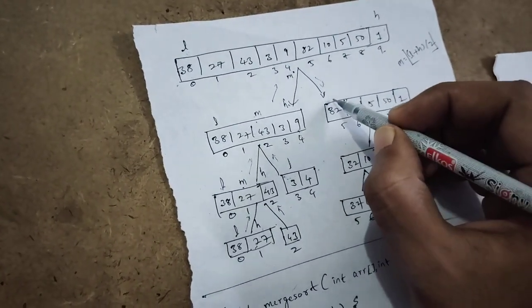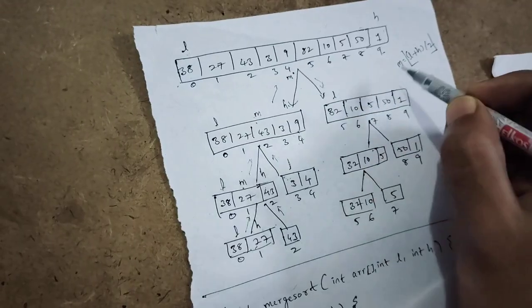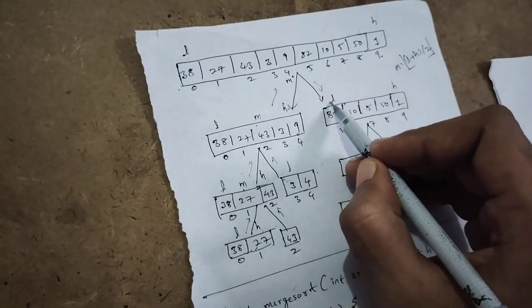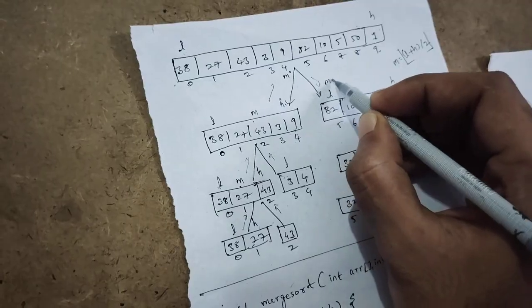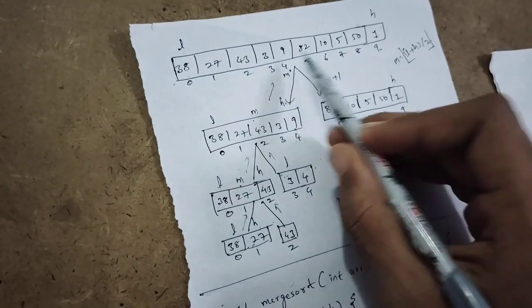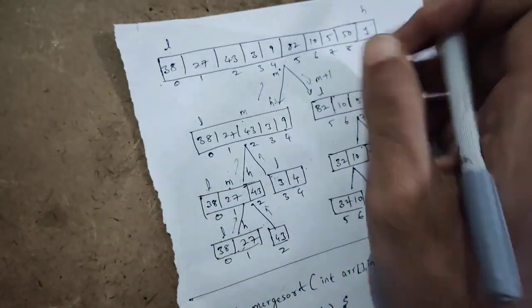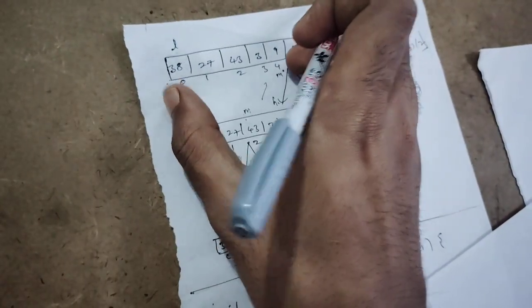So here this is L, this is H. This is nothing but mid plus 1, because there is a mid. This is the left part.